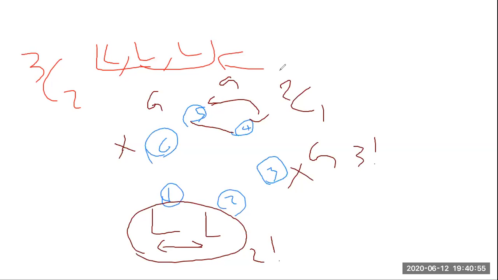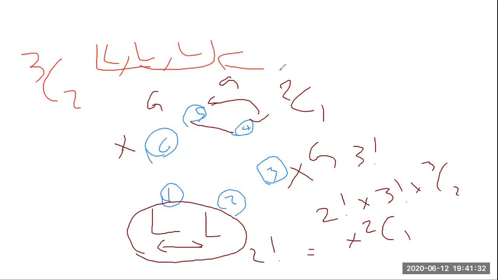Now by product rule, we get 2 factorial from the fact that the 2 ladies are being permuted together, 3 factorial from the fact that the 3 gentlemen are being permuted with each other, 3 choose 2 because we're selecting the 2 ladies who will sit together, and then you get 2 choose 1 because you have to choose which of the 2 remaining seats the 1 lady goes to.